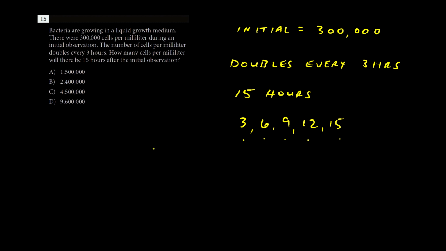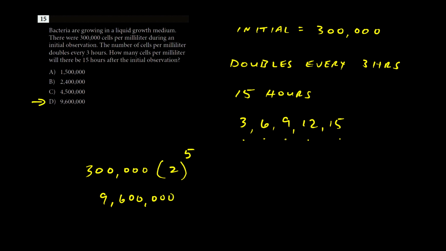So we can take our 300,000 that we start with, and when you double something, obviously we're multiplying by 2, and we're going to do this 5 times. So we can just do times 2, times 2, times 2, or as many of you know, that's just raising it to the power of 5. This one we probably do want to just type into our calculator to see what it is. And if you do that, you will get 9,600,000, which is choice D.